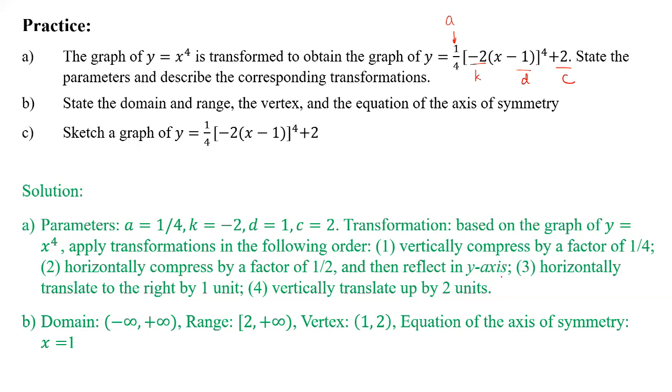Understand? And the third, because D is -1, -1 means horizontally translate the original graph to the right by 1 unit. And last, C is +2, which means vertically translate up by 2 units.